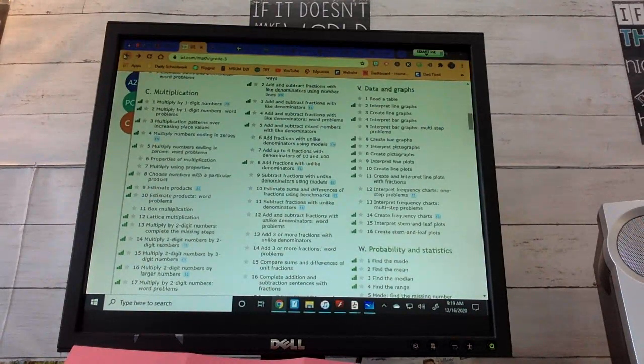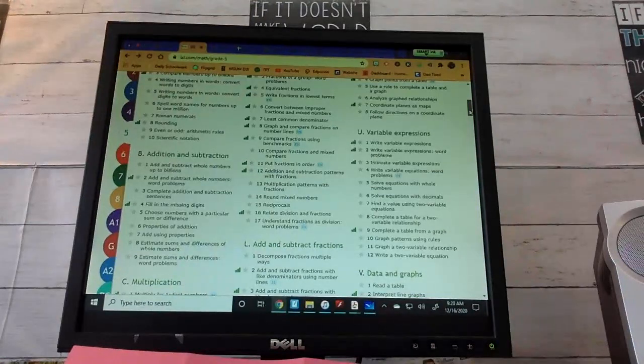Here's what I'm going to tell you first, though. If you did not finish K7, do K7 first. Because if you are struggling understanding equivalent fractions with common denominators, adding and subtracting is going to be worse. It's going to be more confusing.